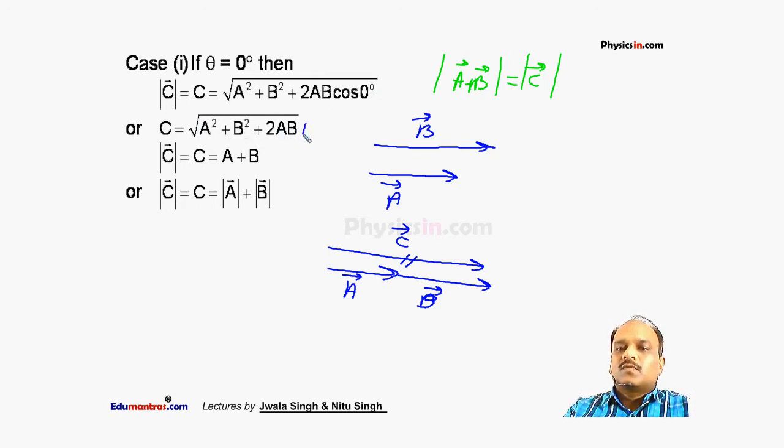Cos 0 is 1, so we get root over A square plus B square plus 2AB, which is A plus B. So the magnitude of vector C is simply A plus mod of B. This is the maximum possible value of C. Though these three vectors are not forming a triangle, this is called the triangle law of addition of vectors. So this is the maximum magnitude of vector A plus vector B.